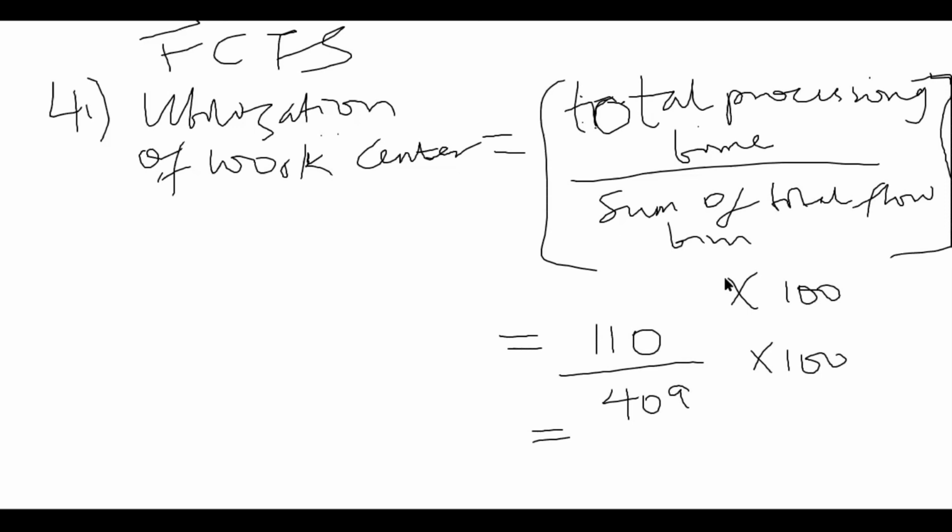Consult the calculator: 110 divided by 409 gave us, let's approximate to 3 decimal places, 0.269. If you times that by 100, you get 26.89. So this is basically the answer to the entire thing.